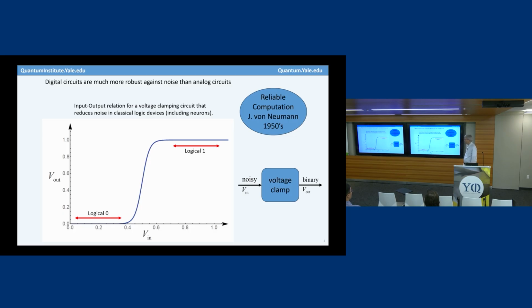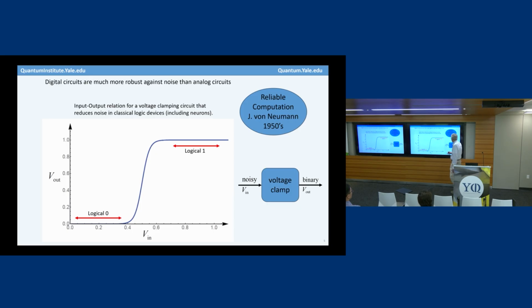That's how you did integrals. And digital circuits are much more robust against noise than analog circuits. So for example, here's a thing called a voltage clamp. This appears in computer chips. It also appears in your brain in how neurons work.